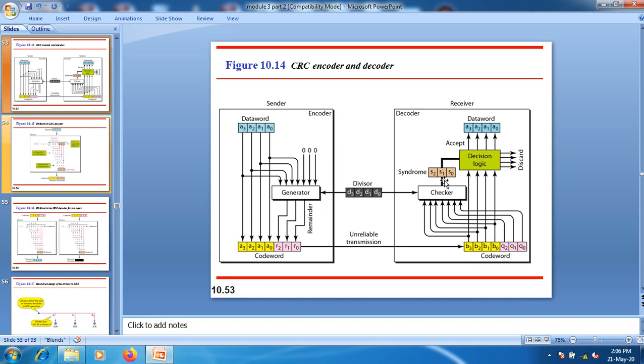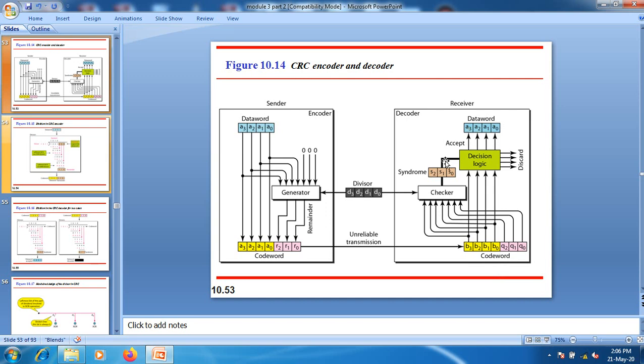That is the S0 bit, S1 bit and S2 bit, and these syndrome bits are passed through a decision logic. If the syndrome bits are 0, that is, the remainder at the destination side is 0, then we extract the data bits from the received code word, that is the A0 bit, A1 bit, A2 bit and A3 bit.